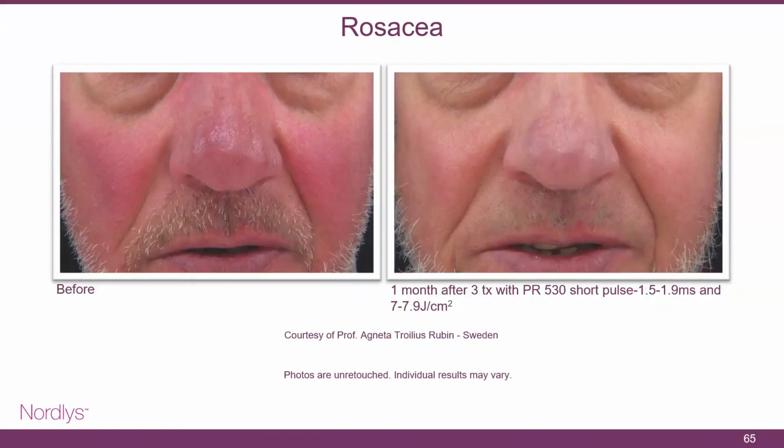Really, really good reduction in the diffuse redness, and unusually virtually no telangiectasia or little thread veins for this patient. So very short pulses between 1.5 or 1.9 milliseconds, and reasonably high fluence, nearly 8 joules, but good clearance.